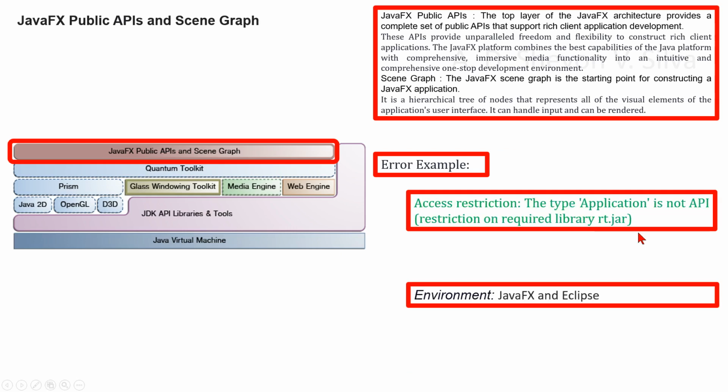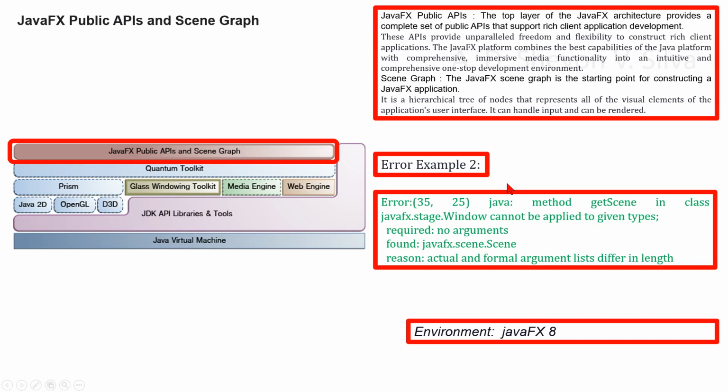As an error example, we can consider this error: access restriction. The type Application is not API, restriction on required library rt.jar. This occurred in the environment of JavaFX and Eclipse. As an error example 2, we can consider this error that occurred in JavaFX 8.